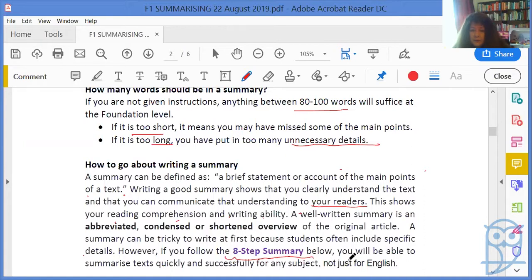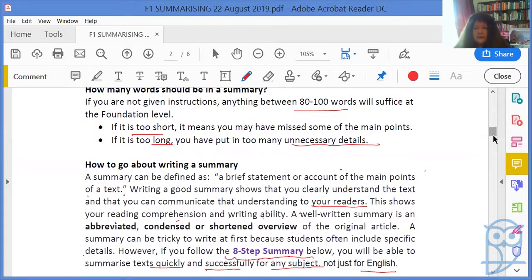And if you use this, you'll be able to summarize text quickly and successfully for any subject, not just English. Because people who are studying history, geography, science maybe, they might have to summarize things and to write an answer about something, who knows?